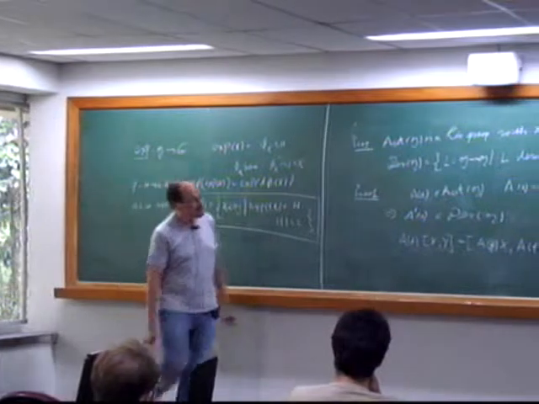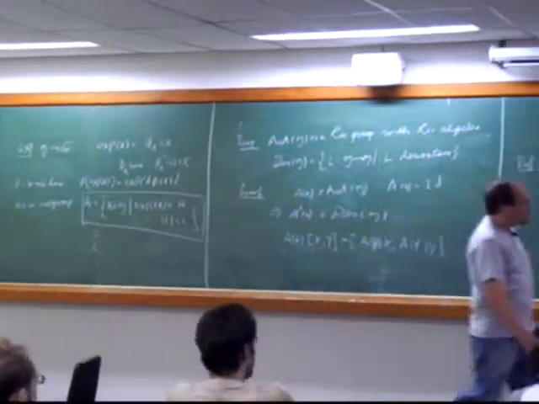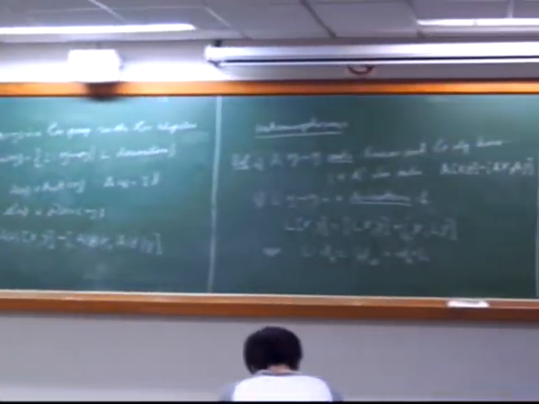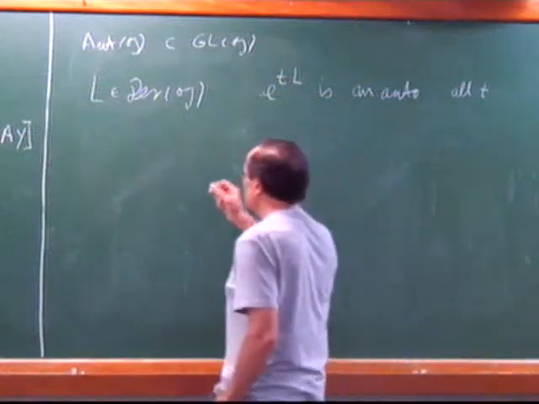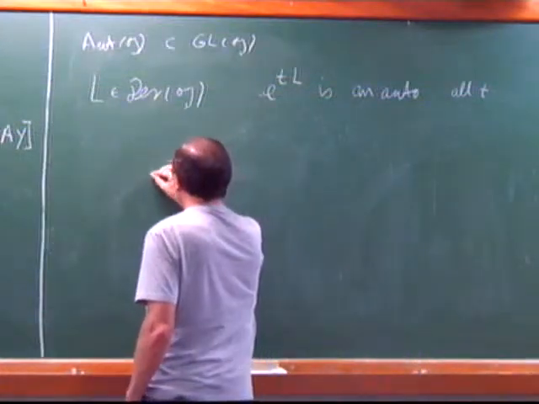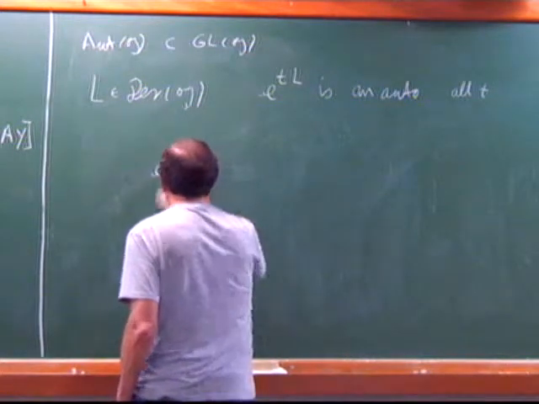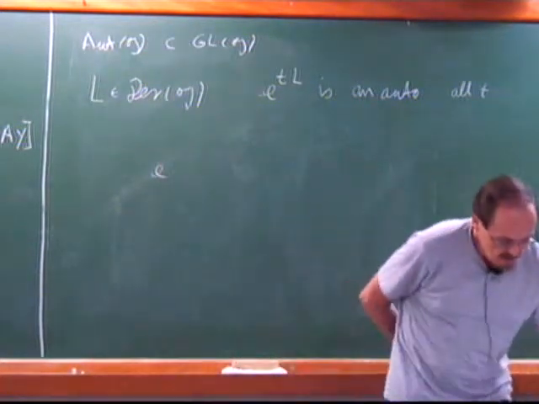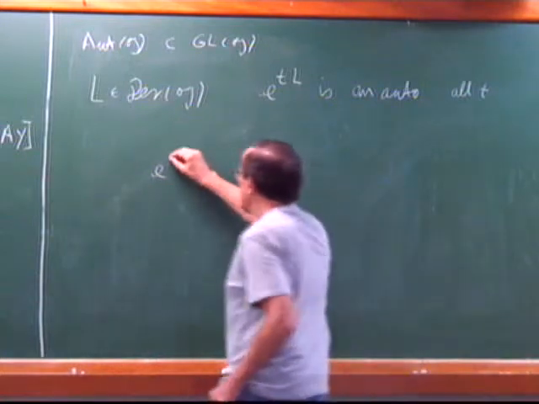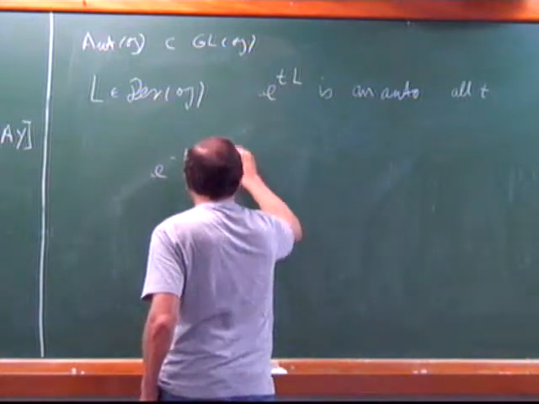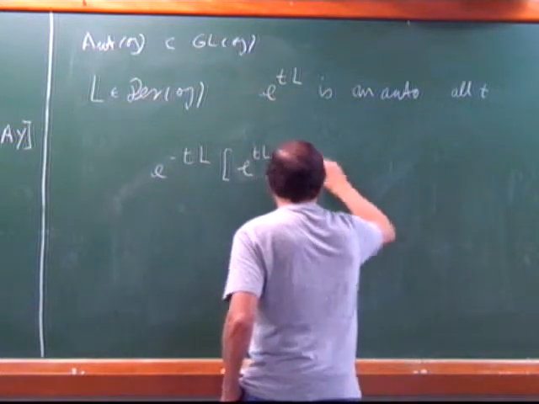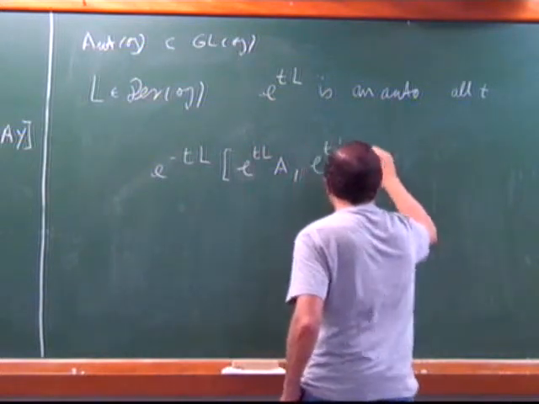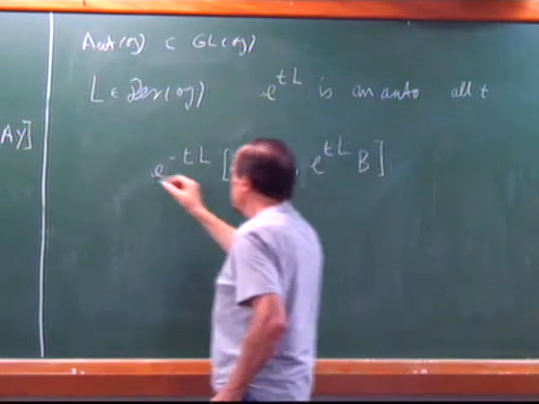Then I'm done. Okay. So here I differentiate again, but now I have to differentiate for all t. So what's the trick? I take e to the minus tL, apply it to the bracket of e to the tL x and e to the tL y, and differentiate.